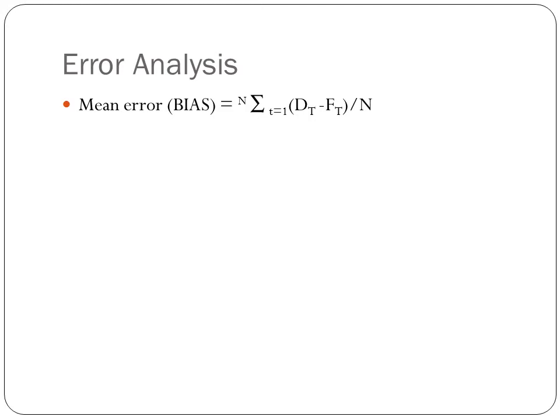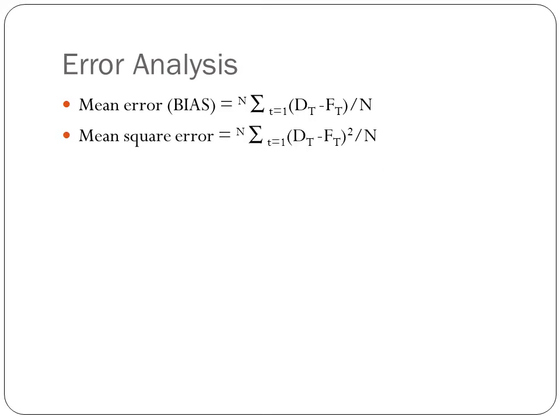The formula is dt minus ft by n. dt is the demand for that particular month and ft is the forecasted demand for that particular month. I will show you in an example. You will be clear about it in the further part of the video.